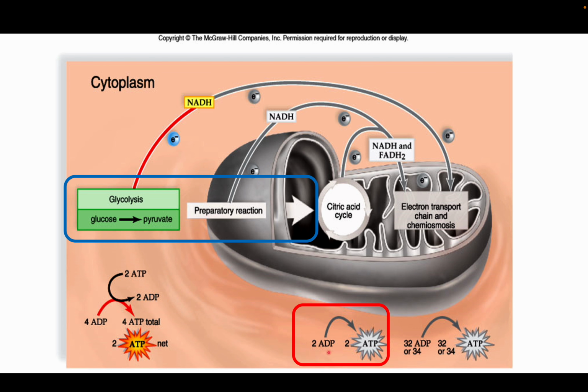So in the presence of oxygen, energy yield becomes higher, while in its absence, energy yield is actually limited.